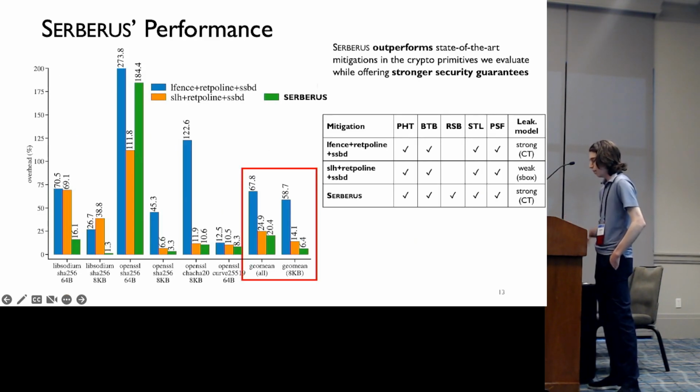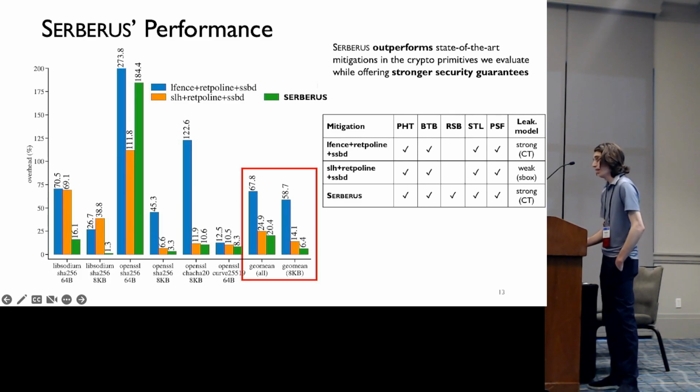Okay, so here's a subset of the results for Serberus running on a variety of constant time crypto benchmarks, including OpenSSL. The y-axis represents runtime overhead compared to an insecure baseline. Serberus outperformed both of the state-of-the-art mitigations despite offering stronger security guarantees.